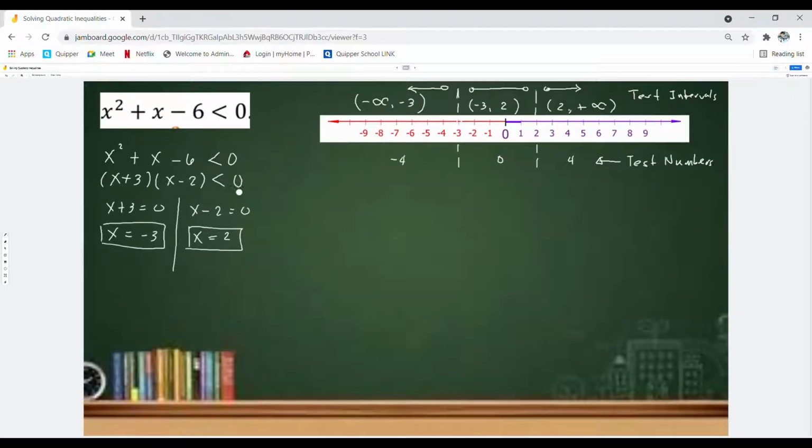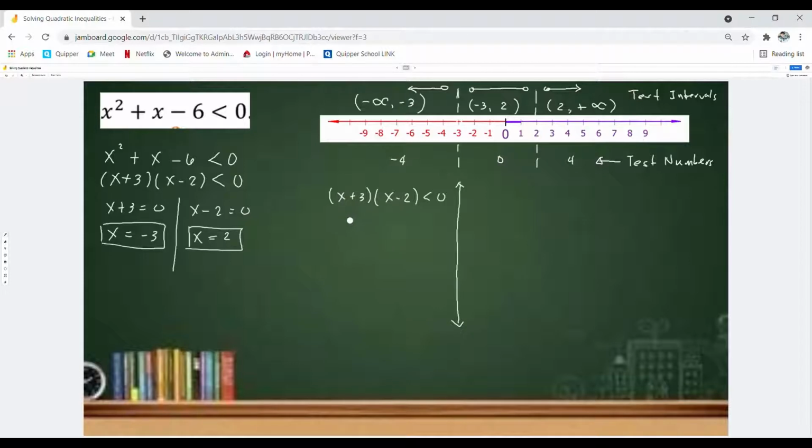To make it easier, I'm going to use the factored form to test whether the section is a solution or not. So I'm going to have x plus 3 times the quantity x minus 2 is less than 0. So let me divide the board into 3.